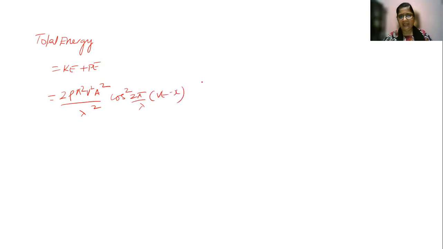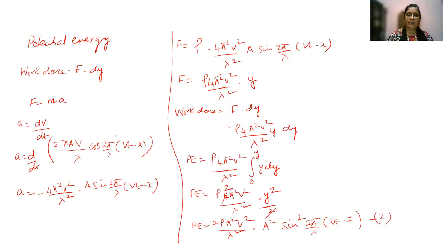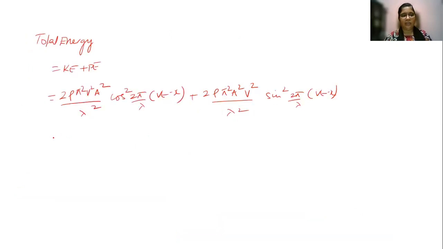This is the kinetic energy. So what is the potential energy? Same thing, 2 rho pi square a square v square by lambda square sine square 2 pi by lambda (vt minus x). I hope I'm right. I have this 2 rho pi square v square a square by lambda square. Yes.